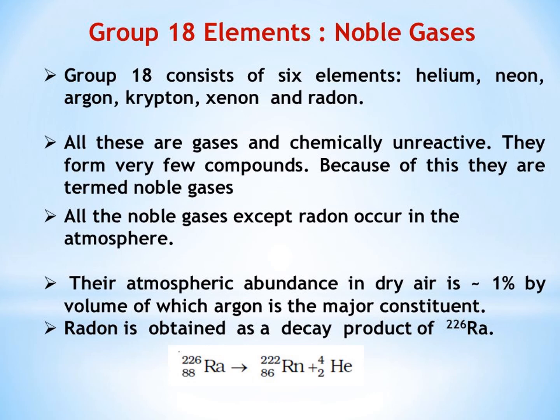The noble gases have the largest ionization energy compared to other elements because they have completely filled orbitals. We have already seen ns2 np6, so lastly 8 electrons, which means completely filled outermost shell.